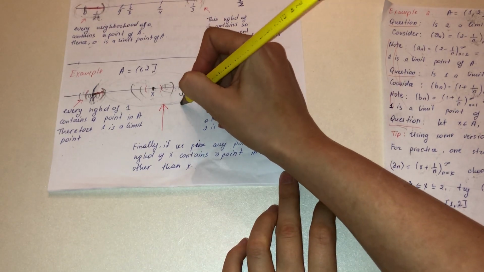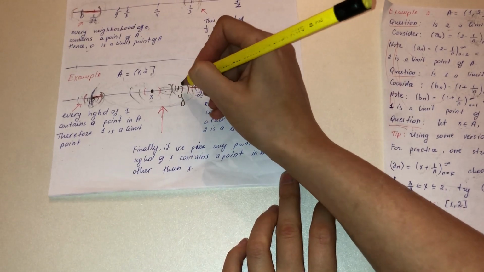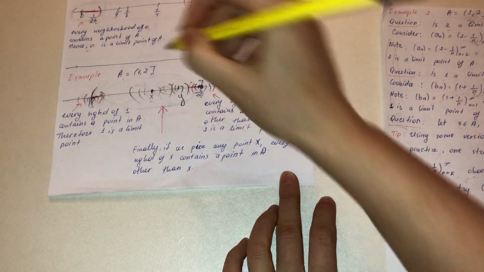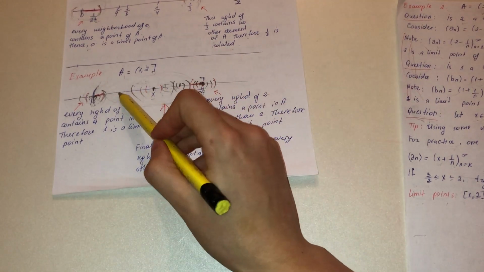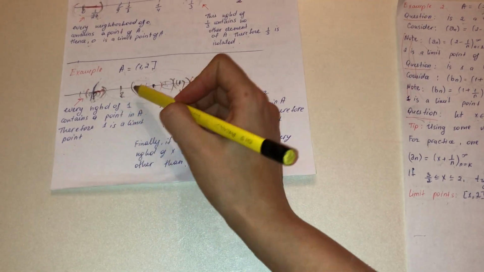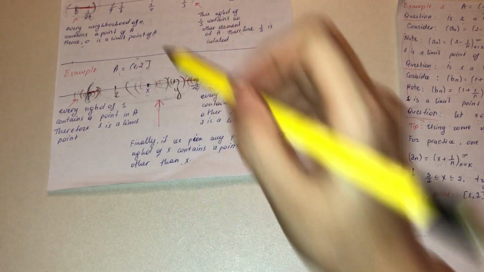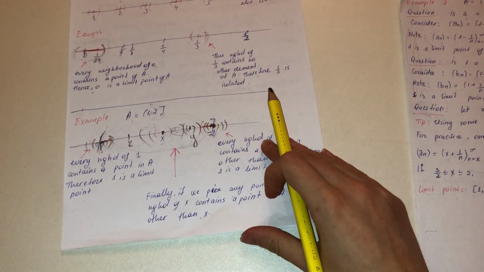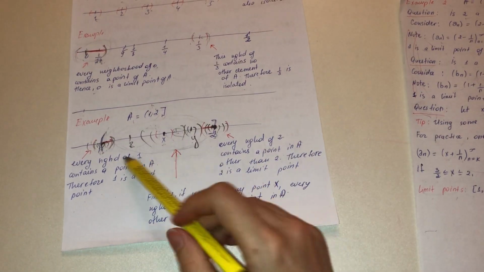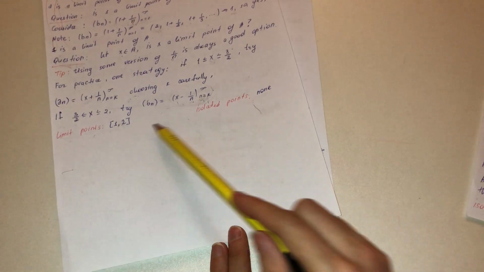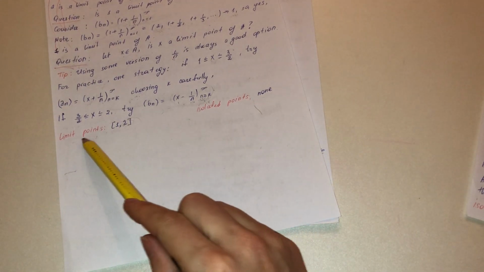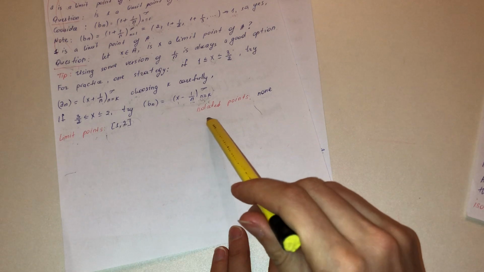If we have Y here, all the neighborhoods of Y contain all the elements of A. So Y, Z may be here. Any point from this interval can be a limit point. So the elements of this set are not isolated points. All the elements of this set are limit points, and isolated points are none.